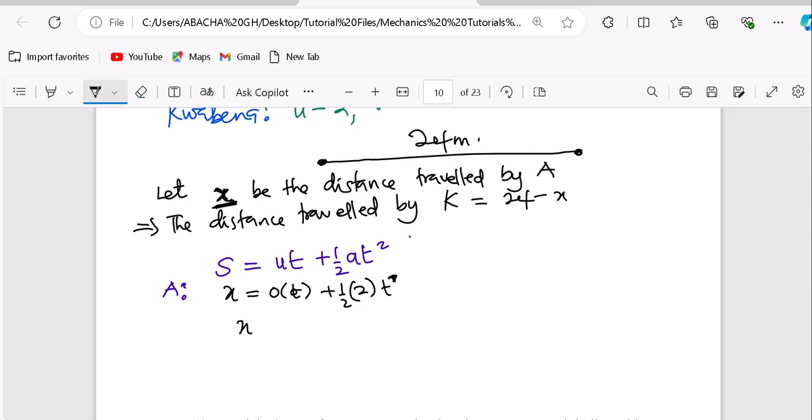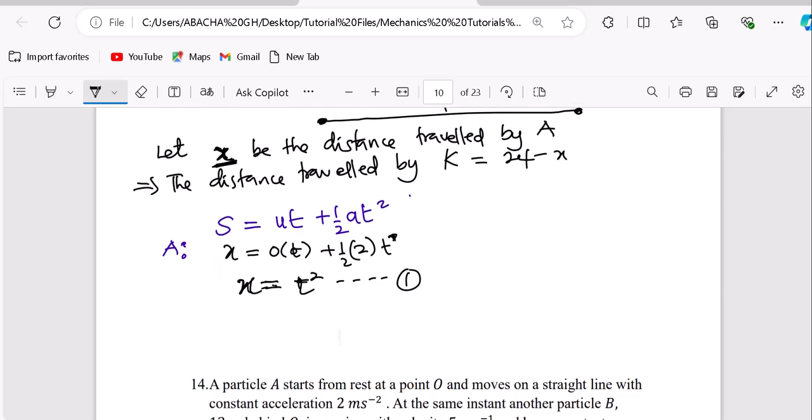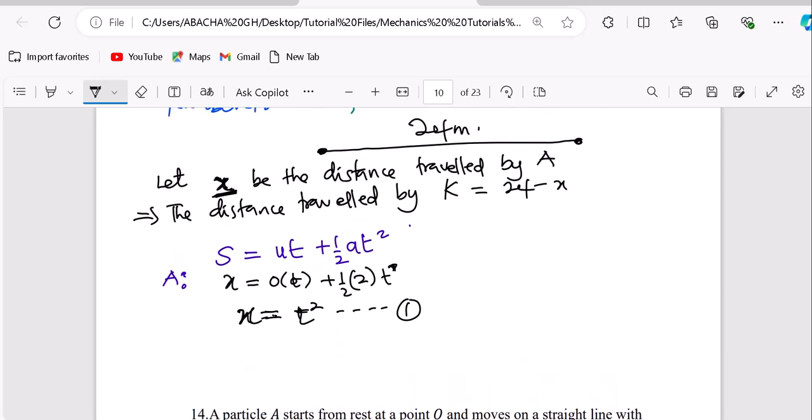So we have x equal to t squared. We can call this equation 1.